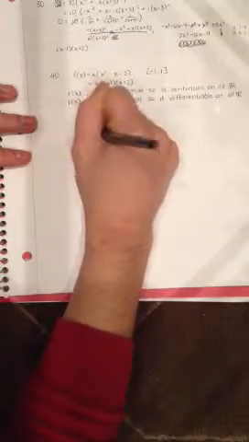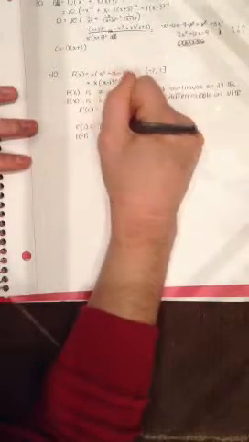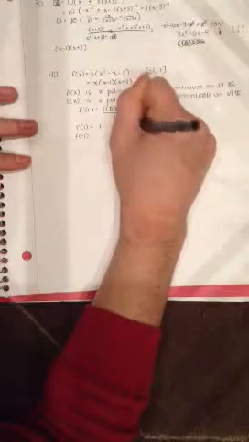So, f of b will be f of 1, and f of a will be f of negative 1. So, f of 1 will be 1 times 1 minus 1 minus 2. So, 1 minus 1 is 0, and we're going to have 1 times negative 2, so the answer will be negative 2.